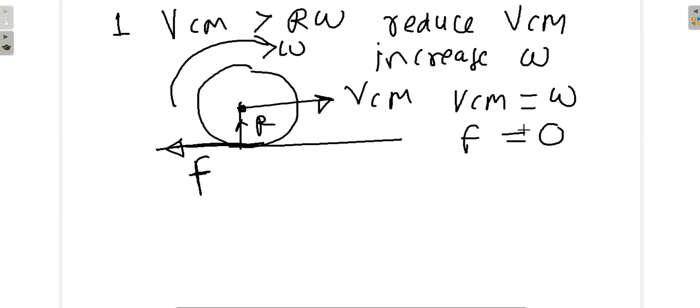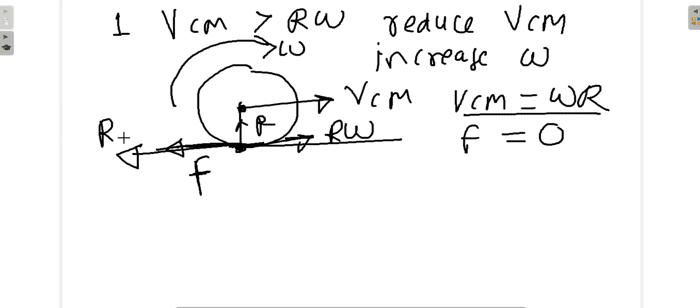Right? Now let us understand how this happens. At this particular point there is a translational velocity which is the same as the velocity of center of mass, and we have taken this as r omega, because VCM equal to r omega is the condition for rolling without slipping. At the same time there is a velocity in the opposite direction which is due to rotation, and that is also r omega.